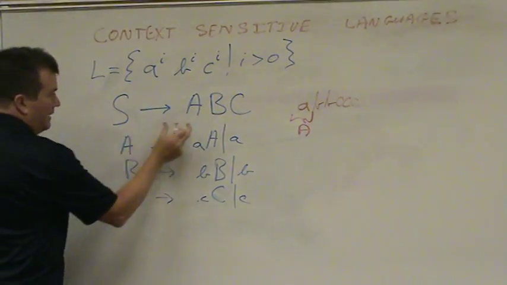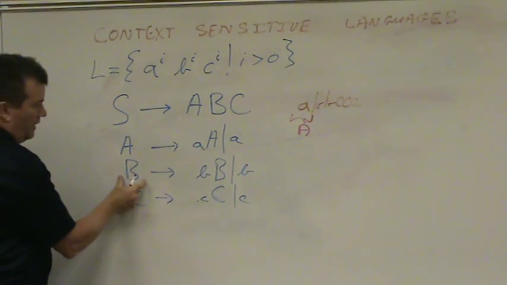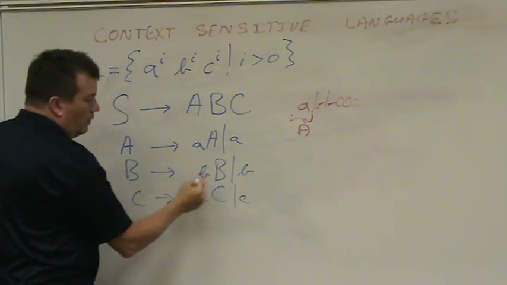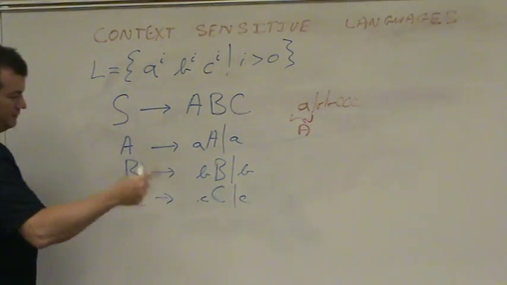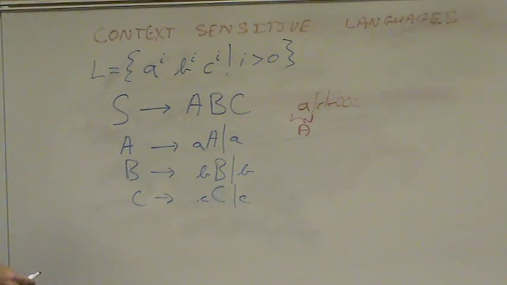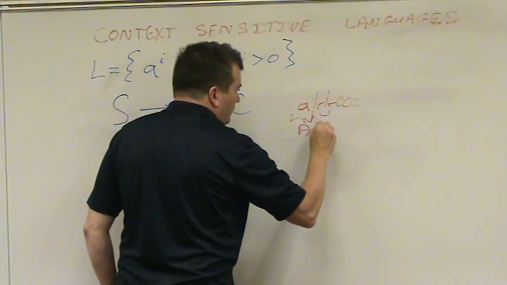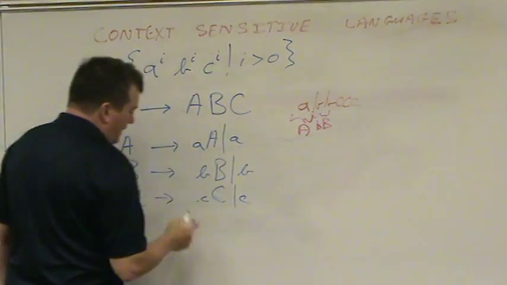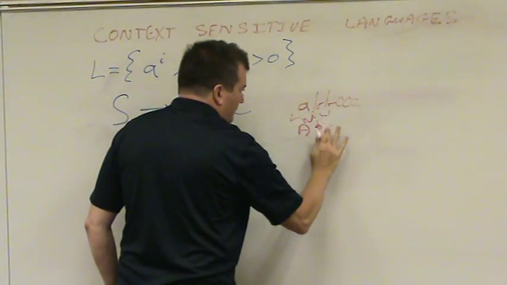Now the question is, can this part be considered a B piece? Well, let's see, what is a B? A B can be a b by itself, or it could be a b, and then go back here and look for more productions. So this piece turns into a b followed by a big B, and then a big B becomes a little b, and becomes 2 B's.